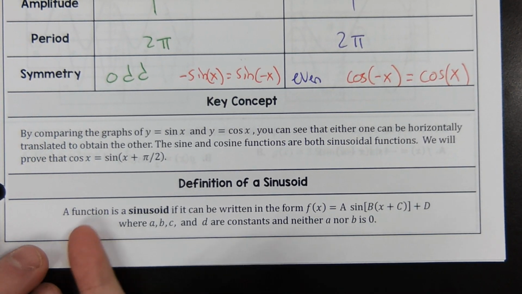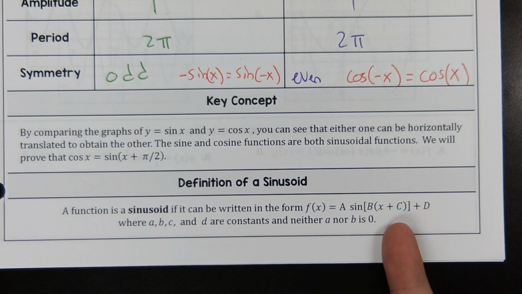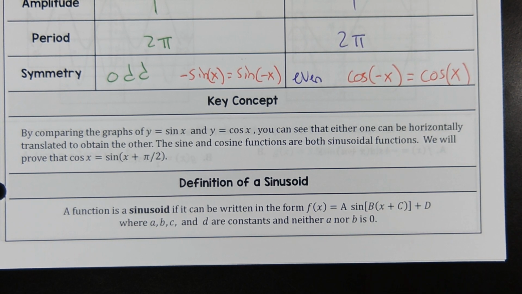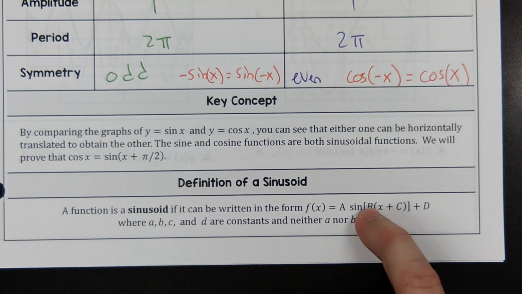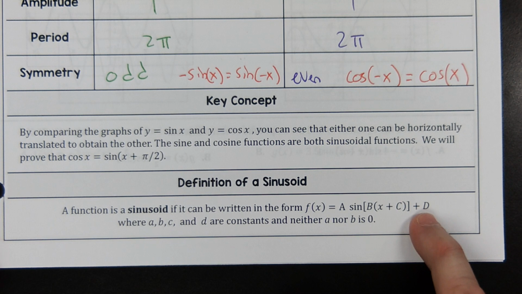So this is the general form of all sinusoids. Because sine and cosine can be written as each other, mathematicians just decided to say the general term is a sine. But it really doesn't matter. You've got your reflections and vertical dilations, your reflections and horizontal dilations, your horizontal translations, your vertical translations.